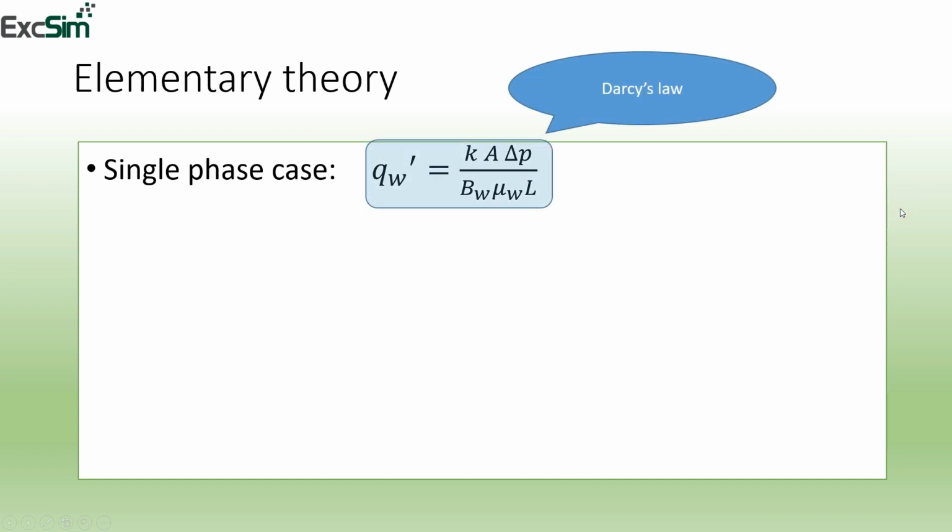First, some elementary theory. Darcy's Law states that in a single phase case, when there's only one fluid present, the flow rate is the absolute permeability times the cross-sectional area, the flux surface, multiplied by the pressure drop across the model, divided by the formation volume factor and viscosity of the fluid, and the length of the model.